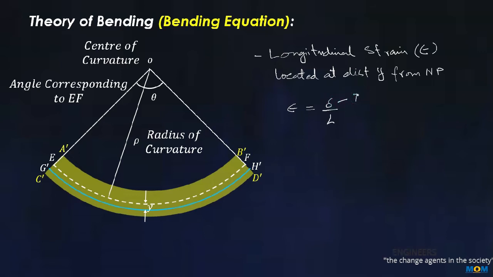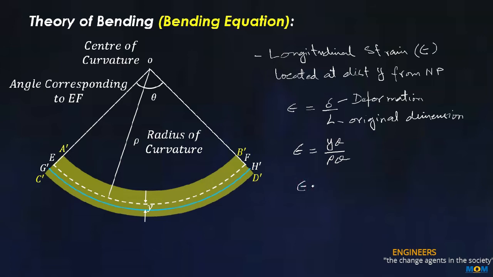Now this is the deformation and this is the original dimension. So from this we can write this as epsilon is equal to y theta upon rho theta. So we can write this as epsilon is equal to y upon rho. Let's say this is equation 1.